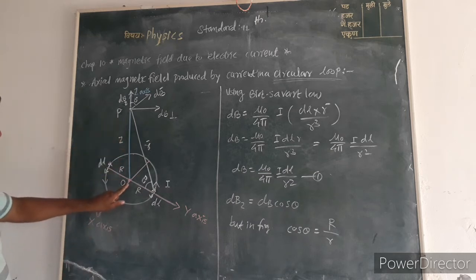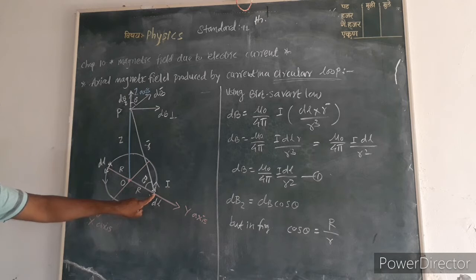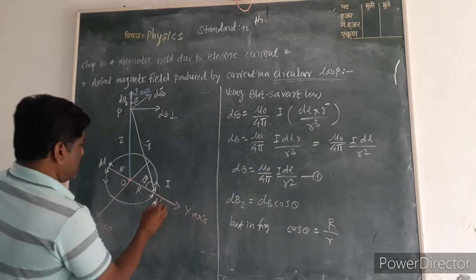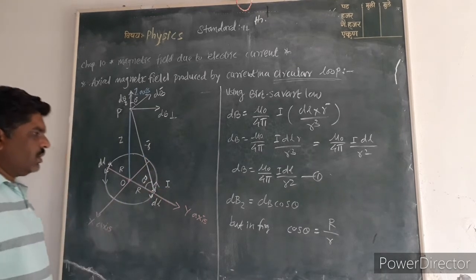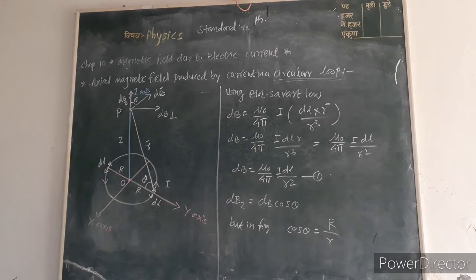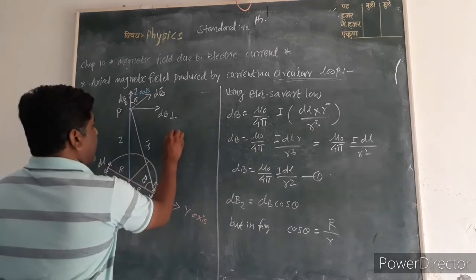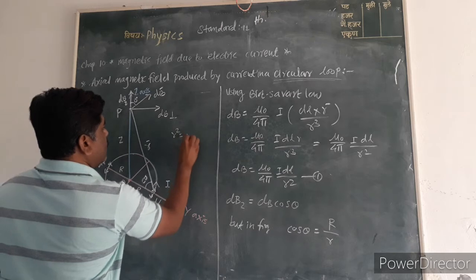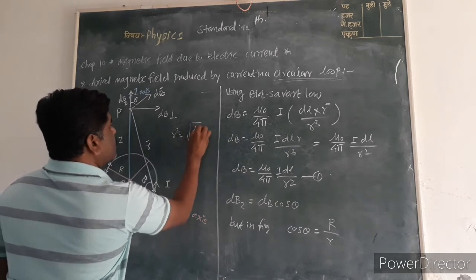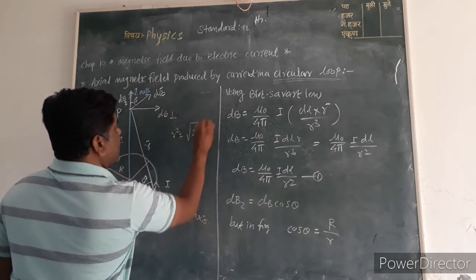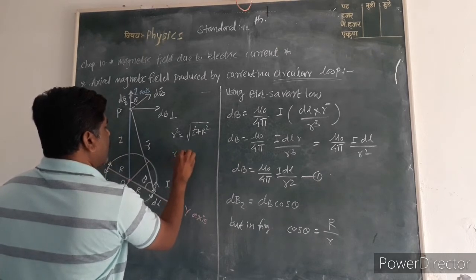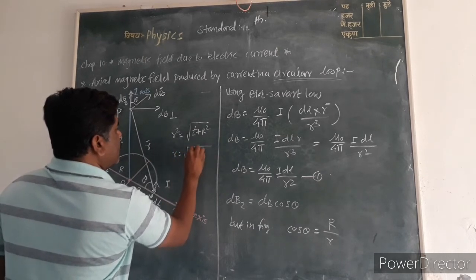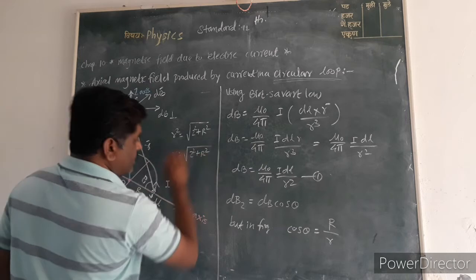In the triangle, r squared is equal to z squared plus R squared, so r equals under root z squared plus R squared.